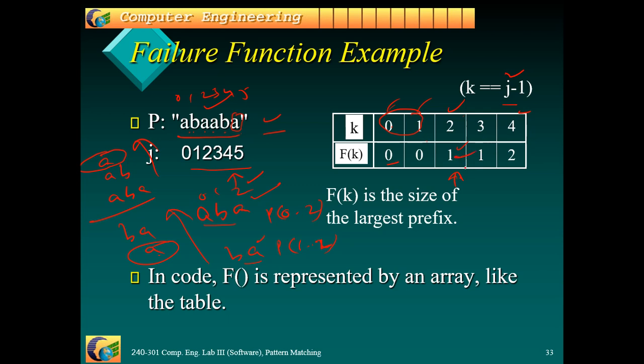Okay. Similarly for 3, how do you calculate? That is ABAA. From this, you find the prefixes, and from BAA, you find the suffixes.